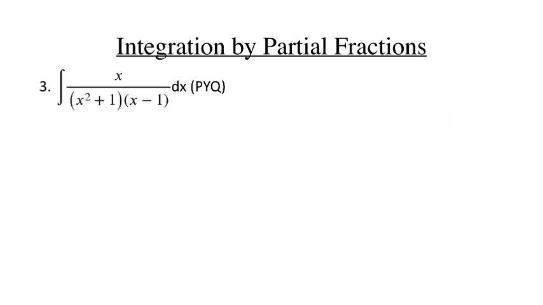Now in this third question, which is also a very important PYQ, you can observe that one of the factors is x square plus 1, which cannot be factorized further, and one linear factor is this.